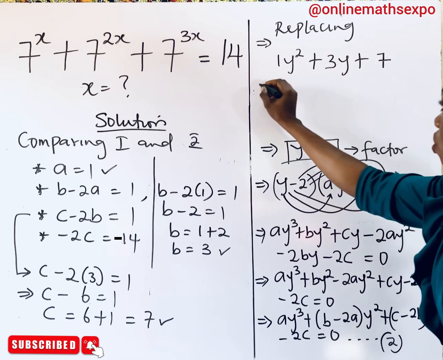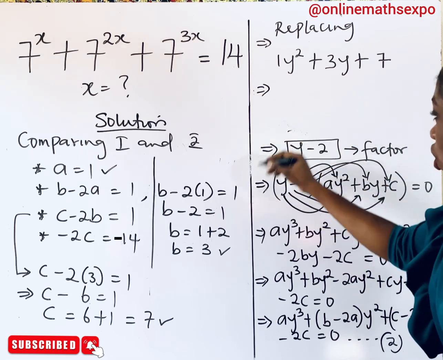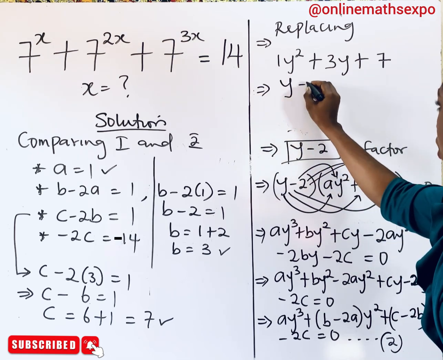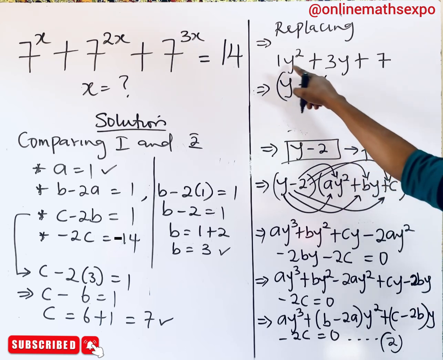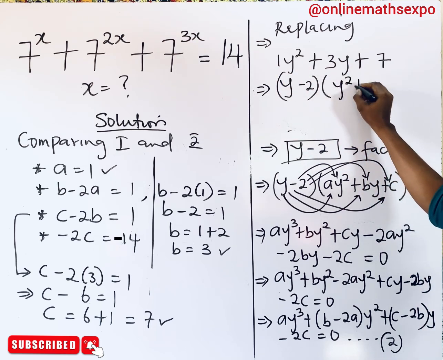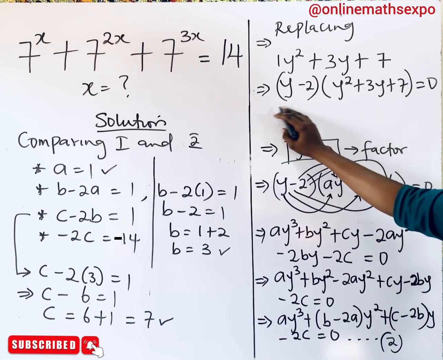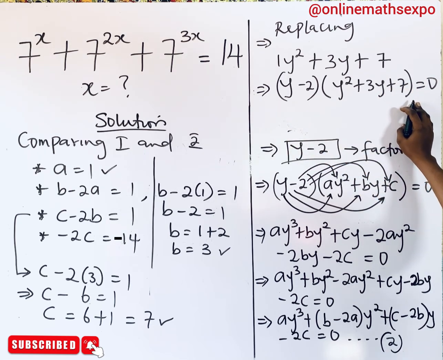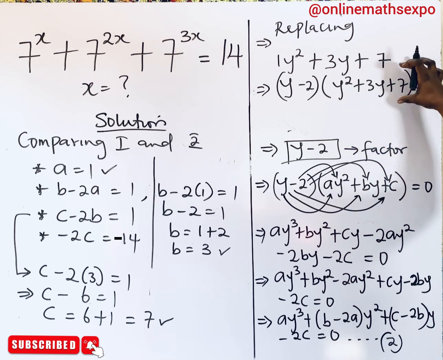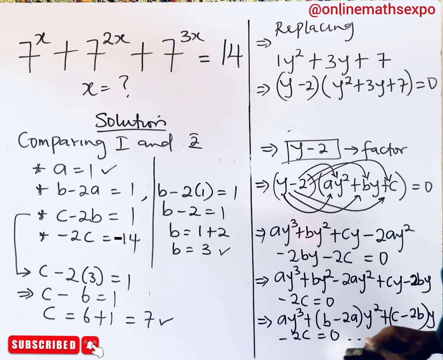So the equation becomes (y − 2)(y² + 3y + 7) = 0. So this is the equation we have now. Having gotten this, we are going to solve this equation. You see it's quadratic. We are going to solve it quadratically.